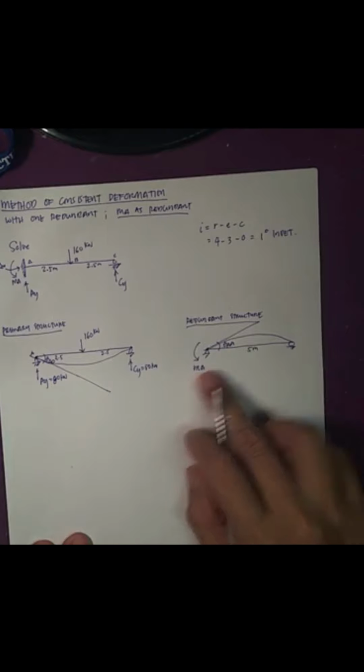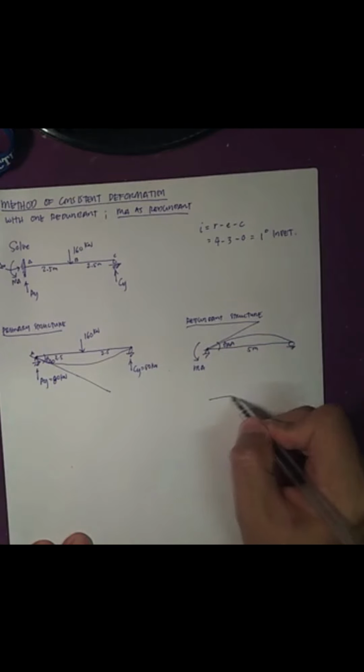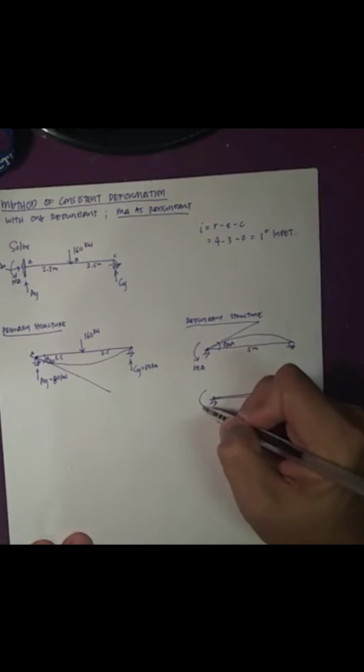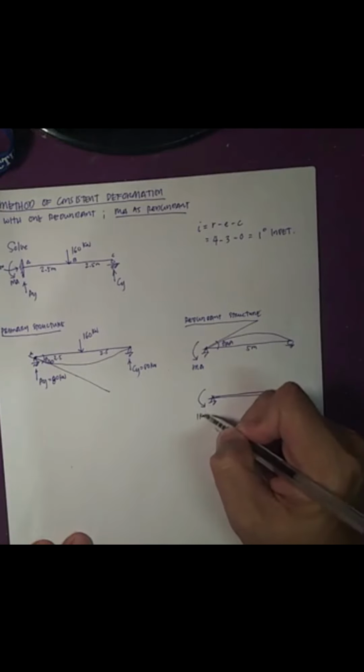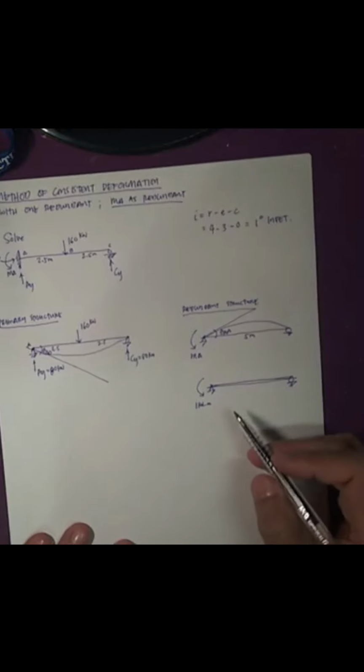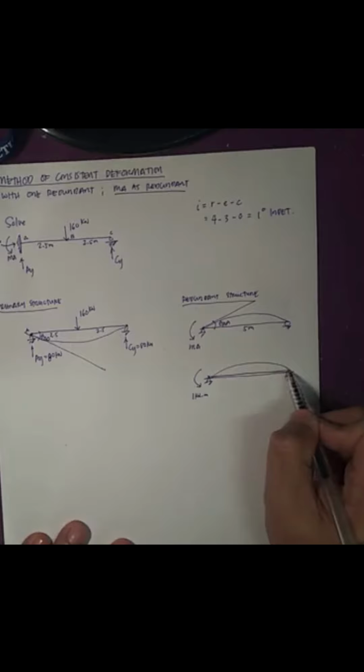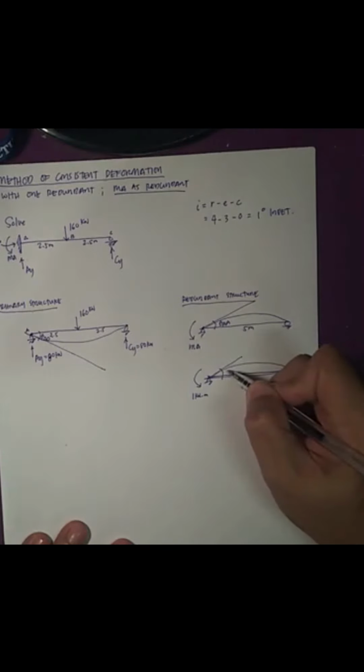But we don't know this MA, so we could relate this redundant structure to its similar structure. This time, we will be imposing a unit moment, 1 kilonewton meter. For that 1 kilonewton meter, again, the beam will have an elastic curve like this one, drawing a tangent line there. I will call this the slope at A due to that unit load at A also.